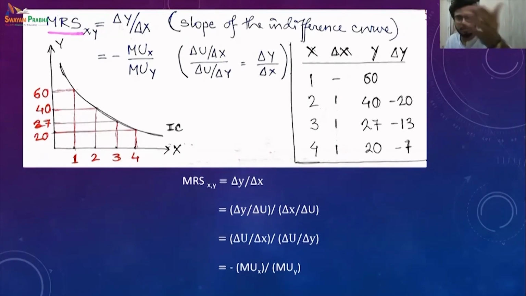If you went at the same rate at which you moved from 1 bag of rice to 2 bags, 60 to 40, then from 2 bags to 3 bags you would go from 40 kg of dal to 20 kg, and then from 3 to 4, 20 to 0. Right? You are not doing that.